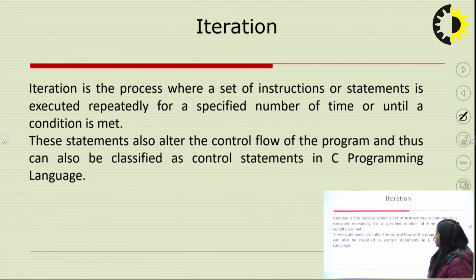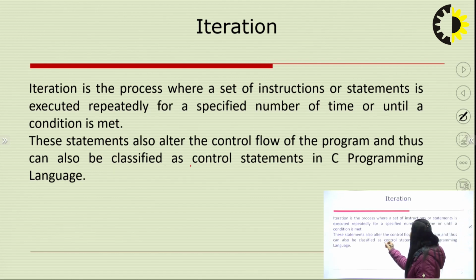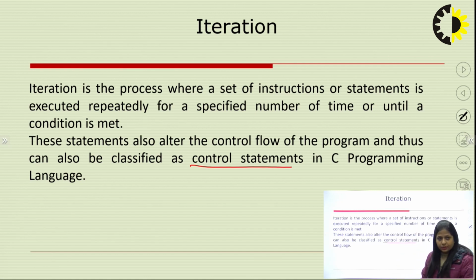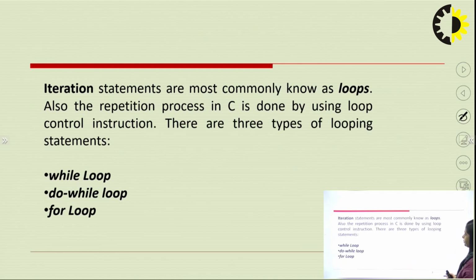These statements also alter the control flow of the program and thus can be classified as control statements in the C programming language. So iteration statements are most commonly known as loops.